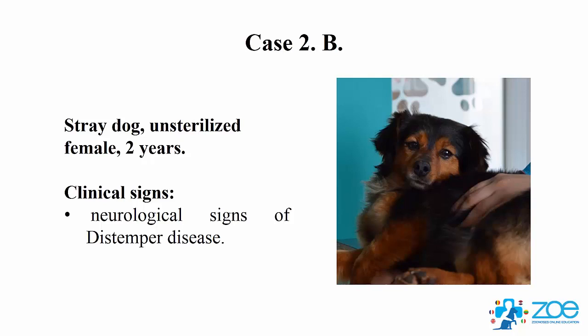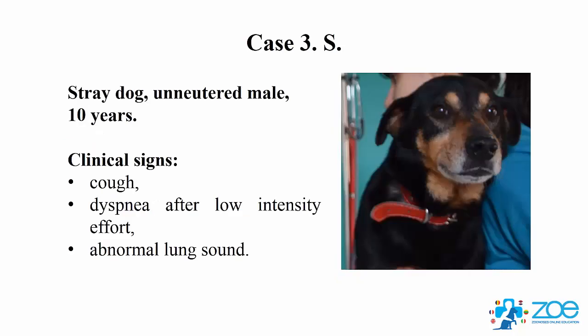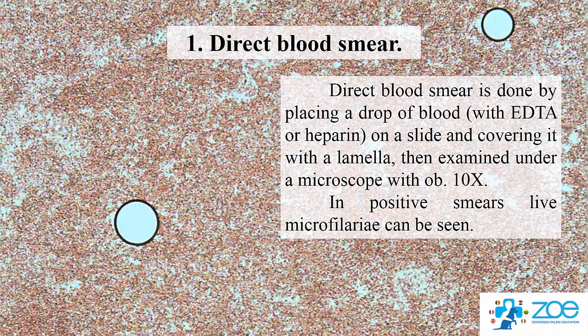Clinical signs: neurological signs of distemper disease. Case 3. Stray dog, unneutered male, 10 years old. Clinical signs: cough, dyspnea after low-intensity effort, abnormal lung sound.